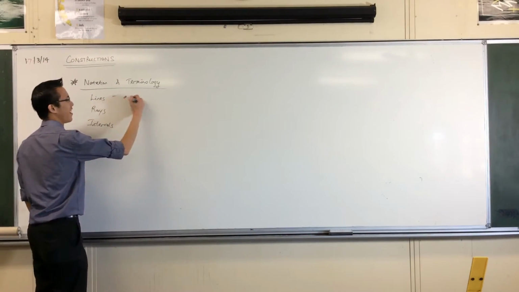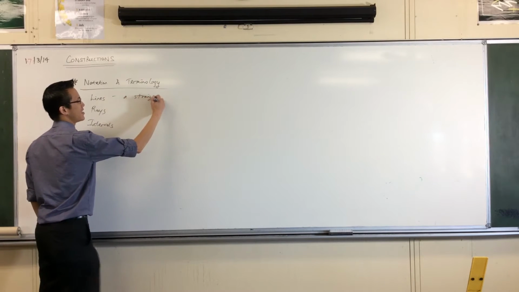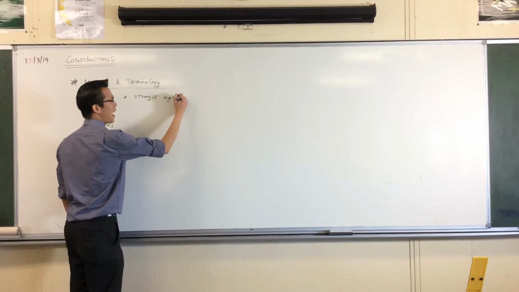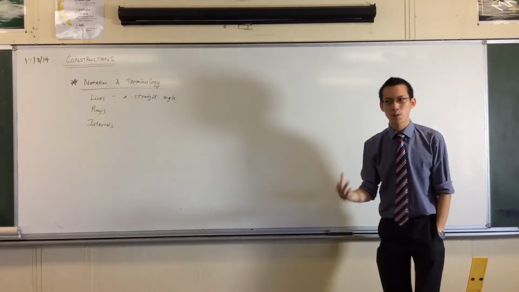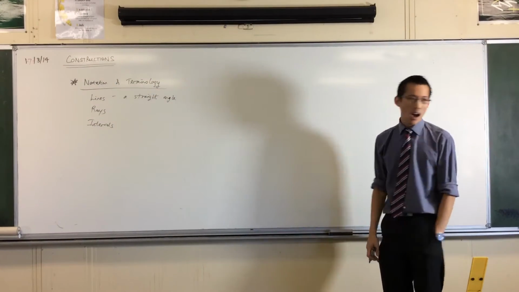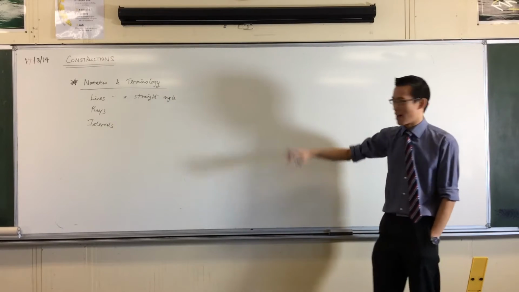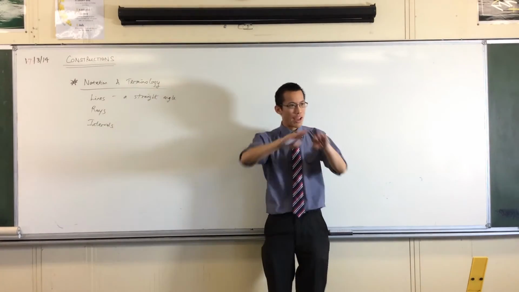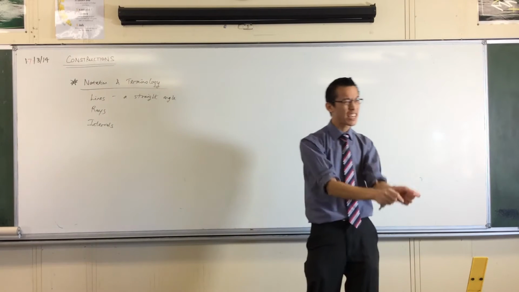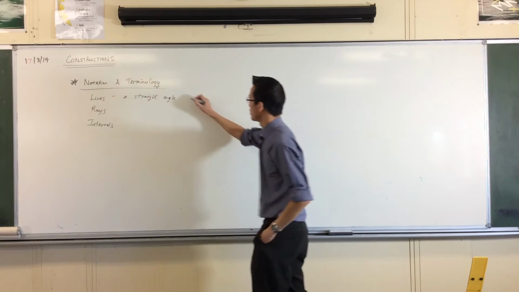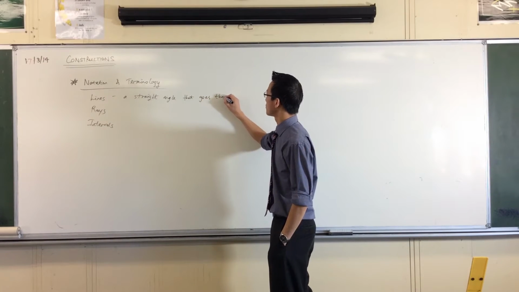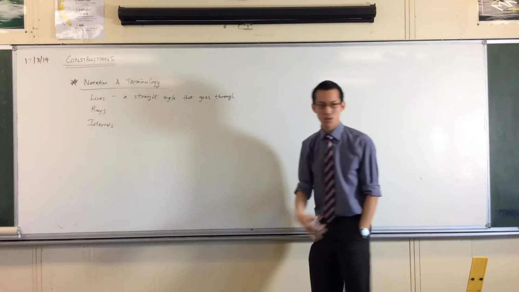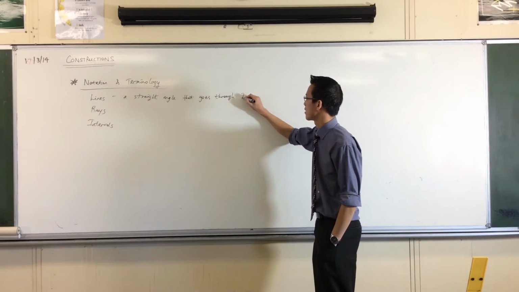I like that because it draws on some language we already know. A straight angle that particularly goes through 2 points that we pick out. Or you might say through 2 nominated points.